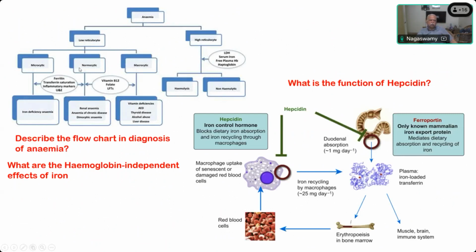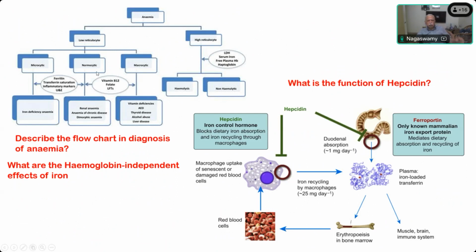If it is low reticulocyte, look whether it is microcytic, normocytic or macrocytic. If it is microcytic or normocytic, immediately ask for ferritin, transferrin saturation, CRP, urea and electrolytes, because it may be because of kidney disease also.